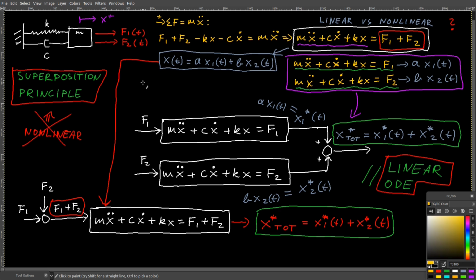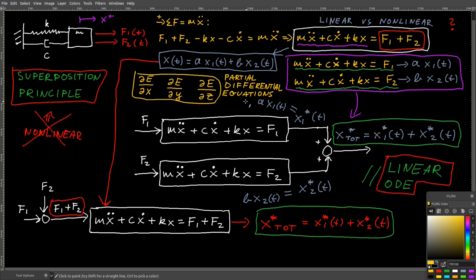If your dependent variable depends on its partial derivatives, in other words, if it's differentiated with two or more variables, let's say partial of E with respect to x, then you're also differentiating this variable with y and also with z, then you would have partial differential equations, or PDEs for short. However, PDEs are not relevant in this course because our system variables are only differentiated with time.